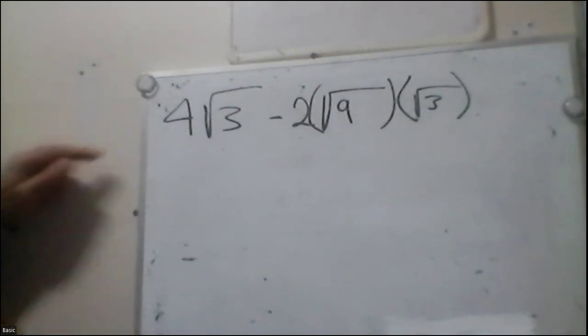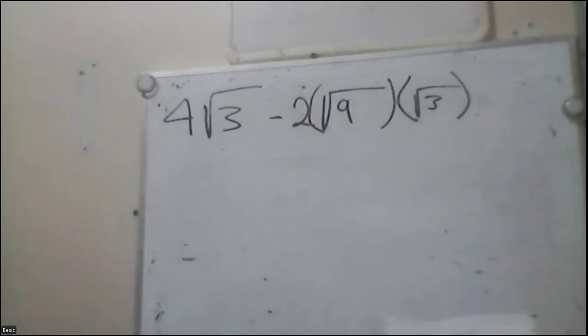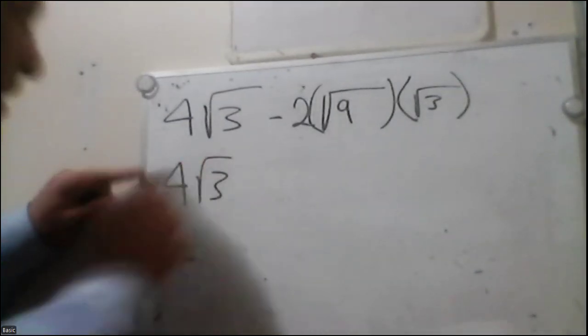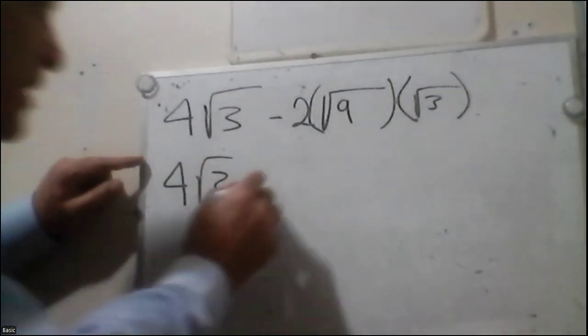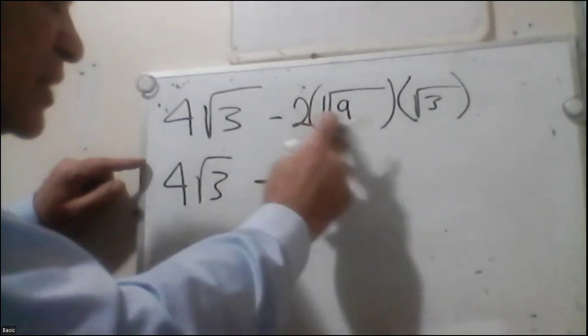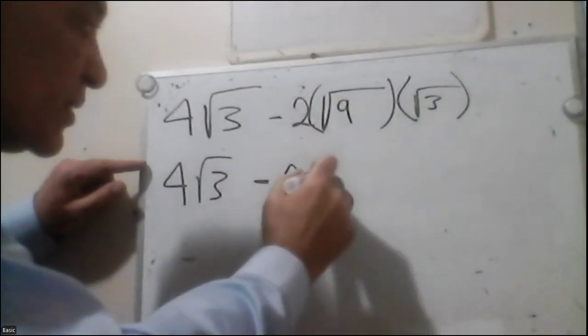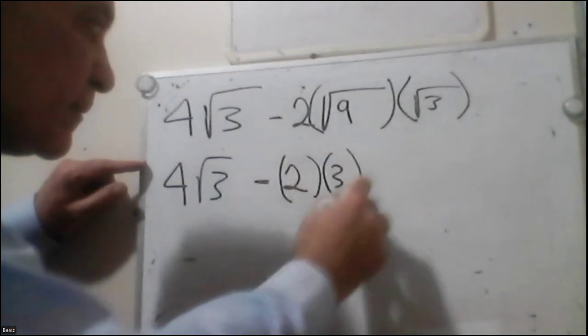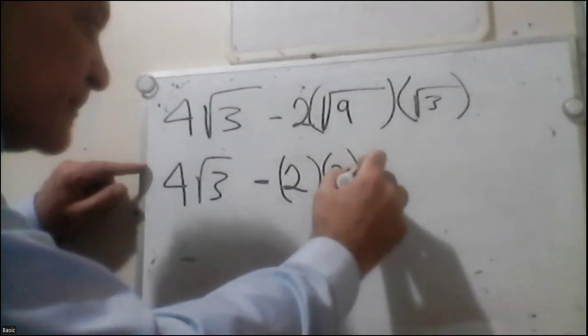So here we can take it one step at a time. 4 root of 3 stays the same, minus 2. The root of 9 is 3. So 2 multiplied by 3 multiplied by the root of 3.